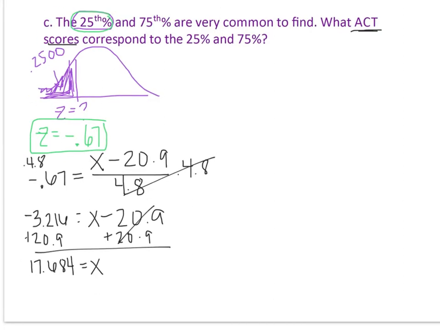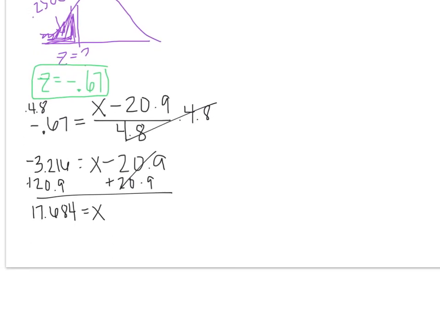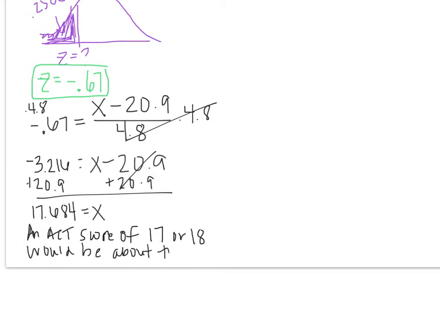So if I wanted to write this in context of the problem, I would say an ACT score of 17 or 18 would be about the 25th percentile. I know this is really sloppy, I'm on my iPad, but an ACT score of 17 or 18 would be about the 25th percentile.